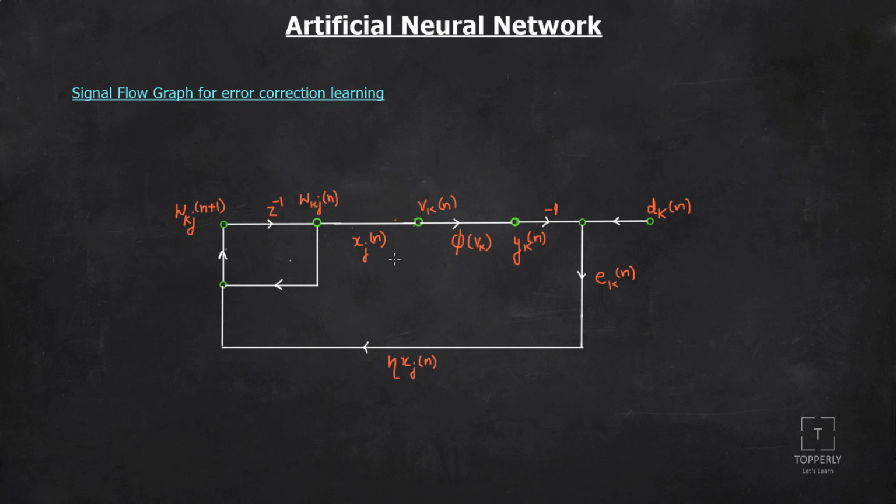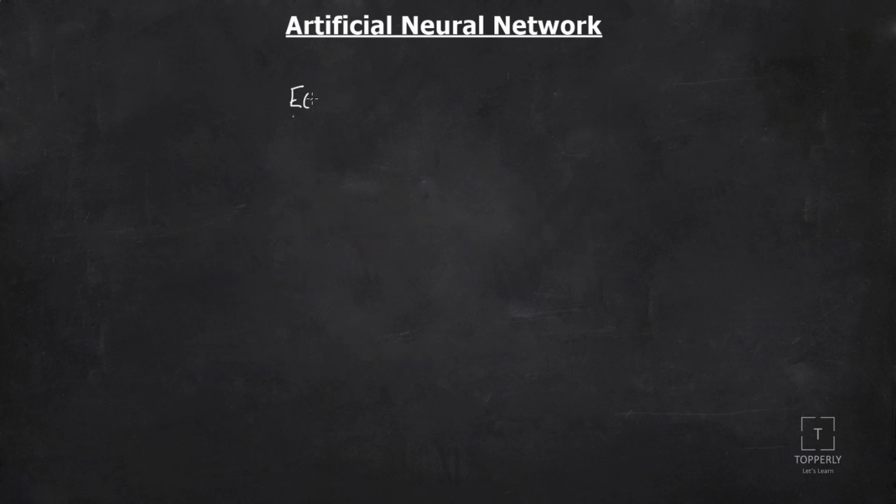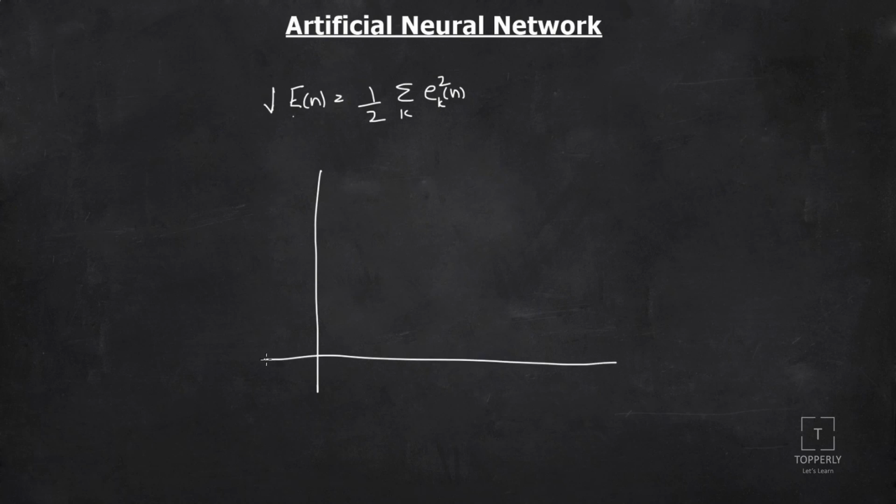Now another thing to discuss is the shortcoming or drawback of error correction learning. See, we know the cost function e of n equal to half into sigma ek squared of n, right? Now the objective of error correction learning is to minimize this function, right? So if we draw a graph between e of n and synaptic weight wkj of n, where j is held constant.